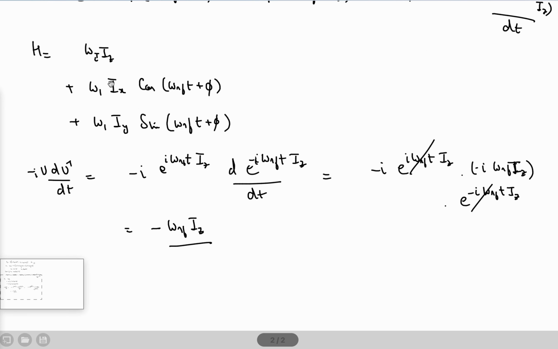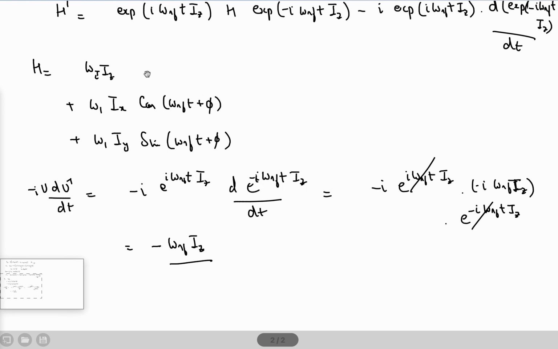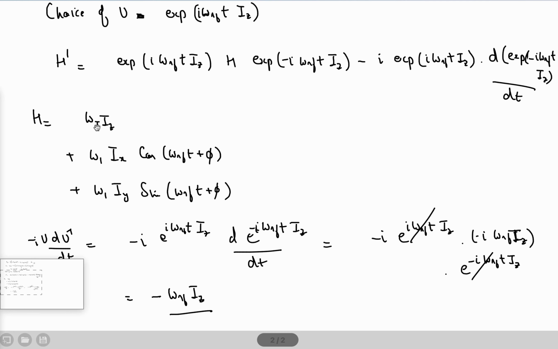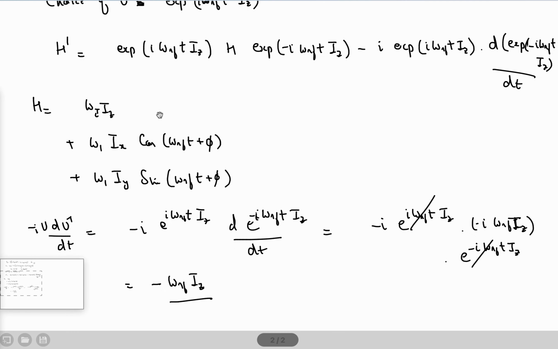Now let us apply this transformation onto the first part, which is omega I Iz.